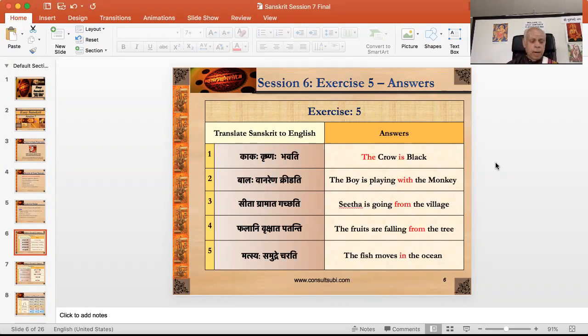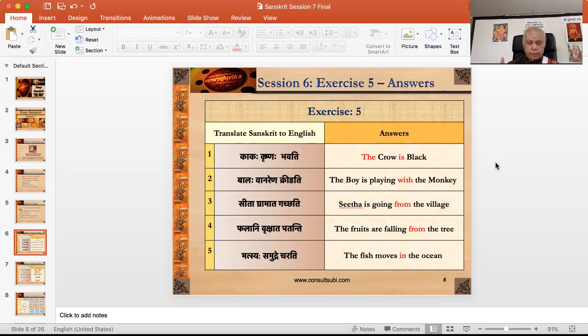Sita Gramat Gachati. Most of you have got it wrong when you said Sita is going to the village. No, it is not to, but from. When you say Gramat, it means from village. When you say to, you say Gramam Gachati. If you say Sita Gramam Gachati, it means Sita is going to the village.